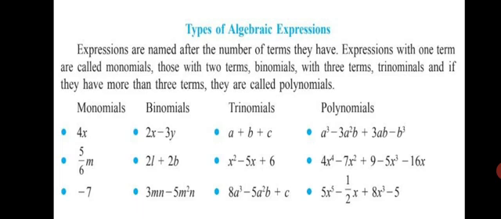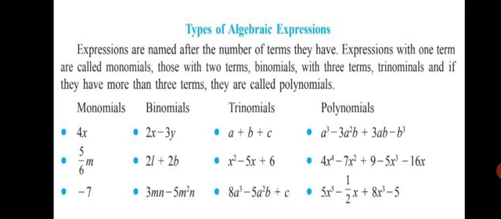Second, 4x raised to the power of 4 minus 7x square plus 9 minus 5x cube minus 16x. You will see there are 5 terms in this expression. So it comes under the category of polynomials. And the last one, 5x raised to the power of 5 minus 1 upon 2x plus 8x cube minus 5. 4 terms again, so it is a polynomial.